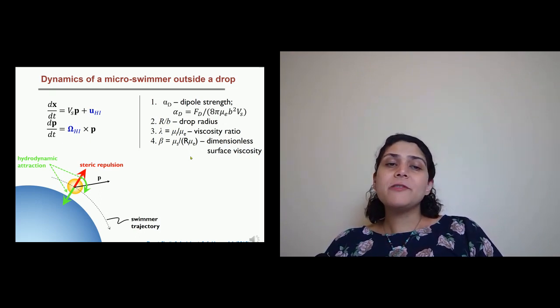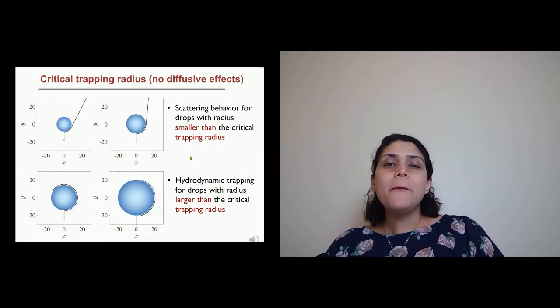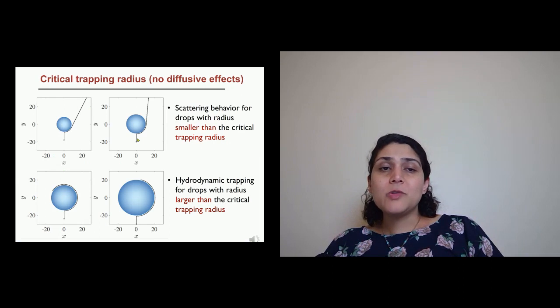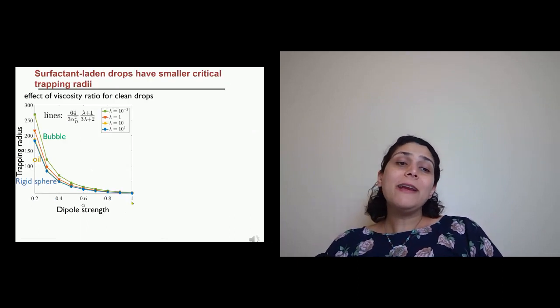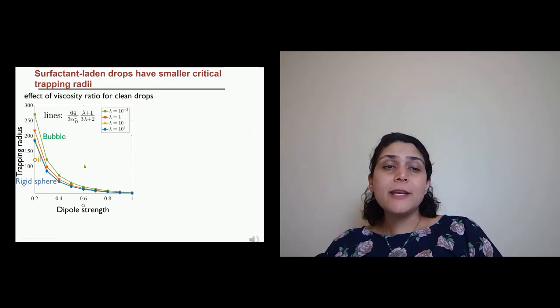So let's say first we look at a single bacterium near a droplet. If the droplet is small, the bacterium gets dispersed, but if it's large, it gets trapped around the droplet. And this is all hydrodynamic trapping. We could look at this trapping radius for different scenarios.